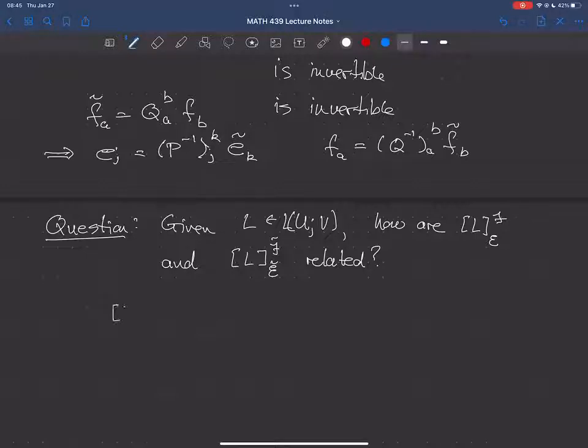L tilde, with basis F tilde and E tilde, is defined by L of F tilde A is equal to L tilde J A E tilde J, right?